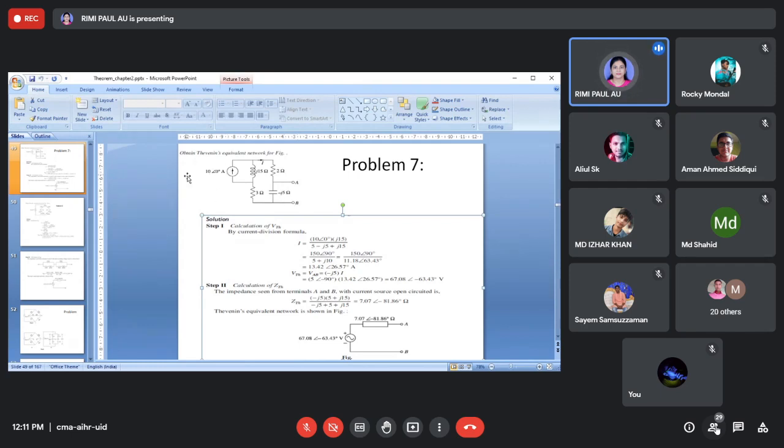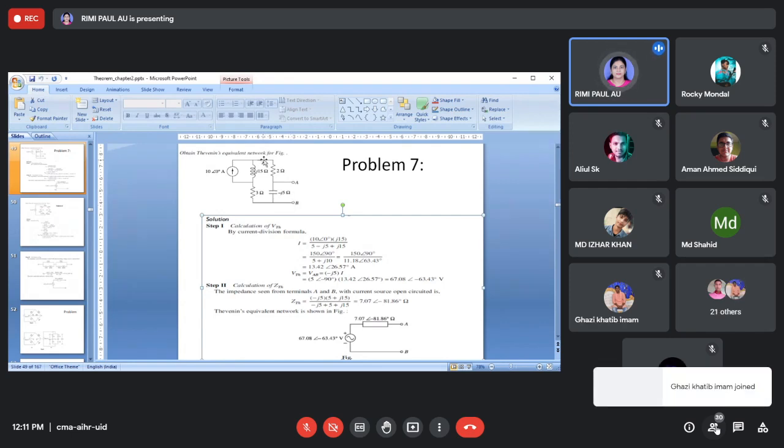Because a current source is present, and if you get the current of this path, then you can easily find the voltage across this path.